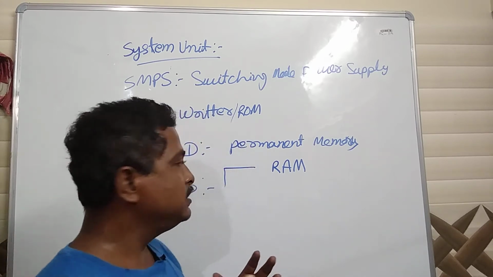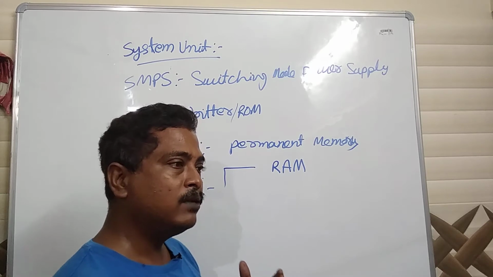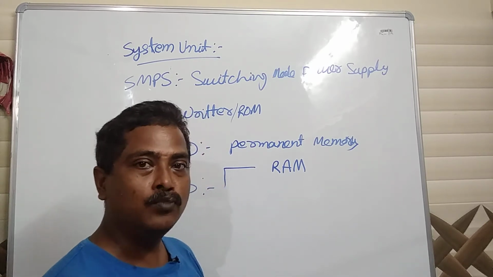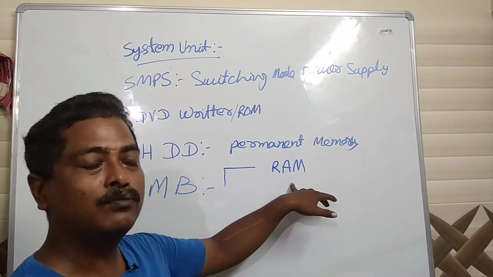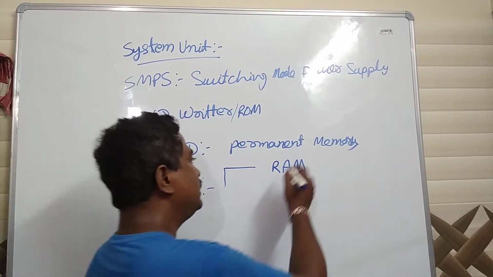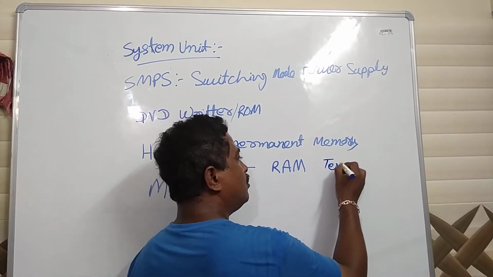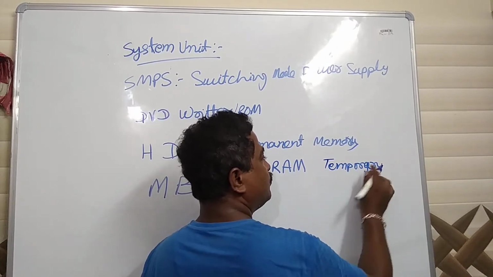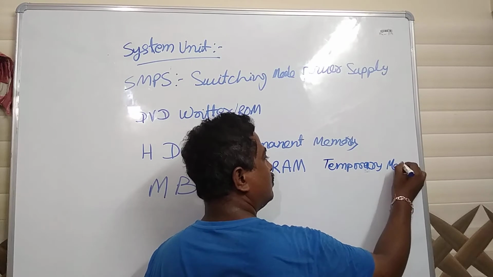Now whatever you are doing inside a computer is stored in a temporary memory, that is called random access memory, RAM. It is the temporary memory of the computer system.